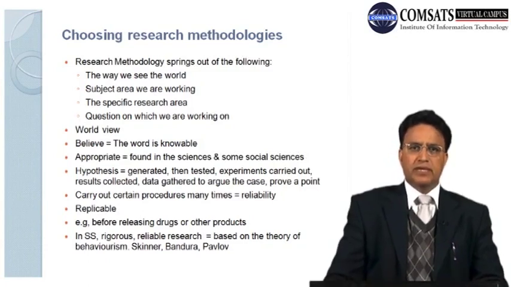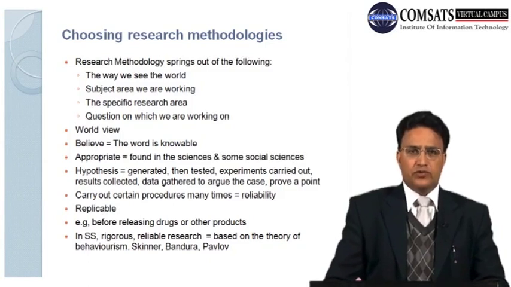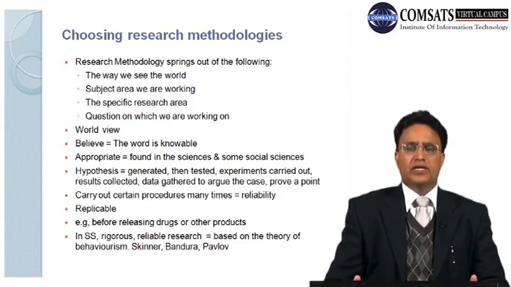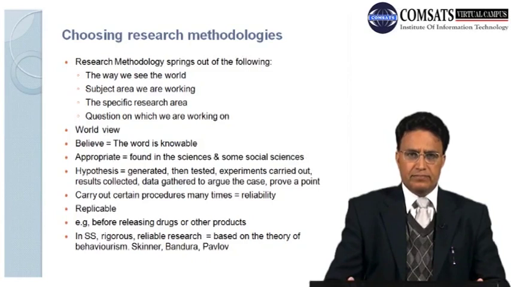So research methodology begins with your belief system, your assumptions, your worldview. So about the world, whether we can know and to what extent we can know the world is basically the area which determines our research methodology.